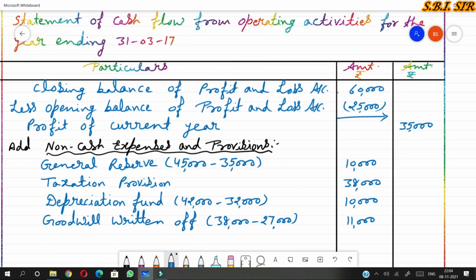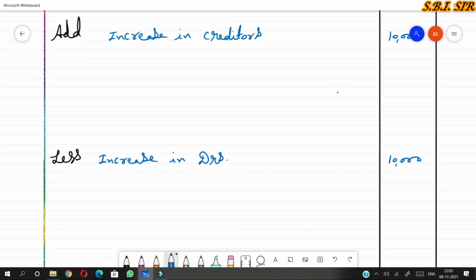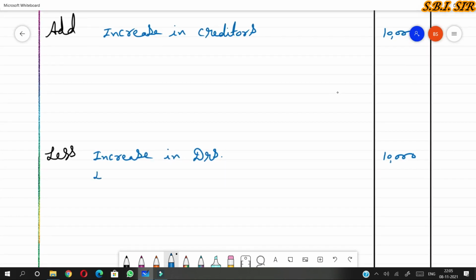So we will record it in less: decrease in outstanding expenses 5,000.